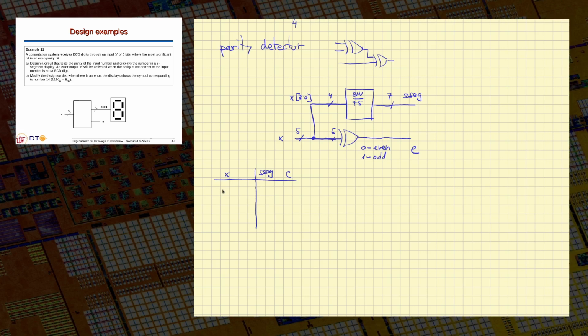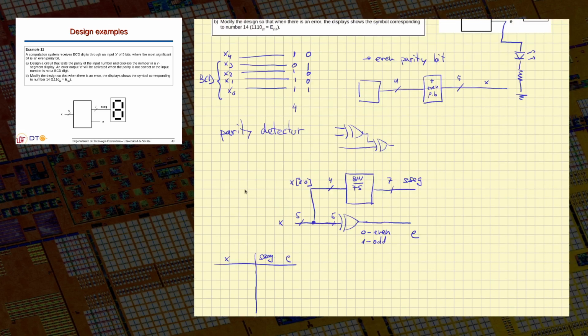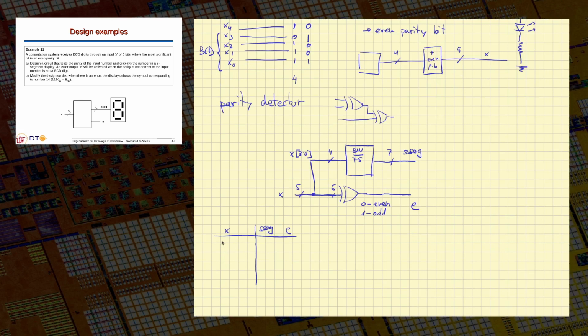Imagine, for example, that the input value is 1 0 1 1 1. Okay, parity is even, so it's correct, and the number is number 7.